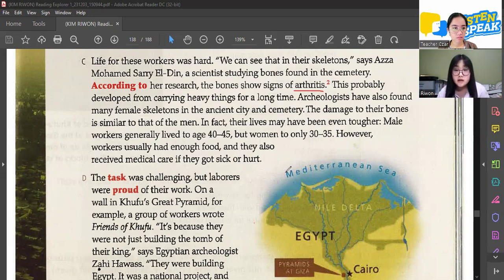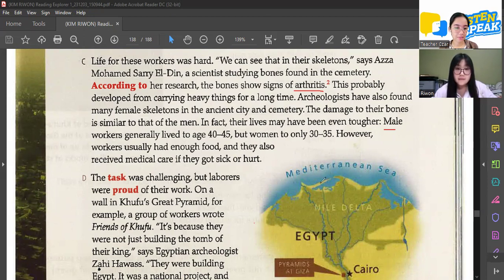The damage to their bones is similar to that of the men. In fact, their lives may have been even tougher. Male workers usually had enough food and they also received medical care if they got sick or hurt.